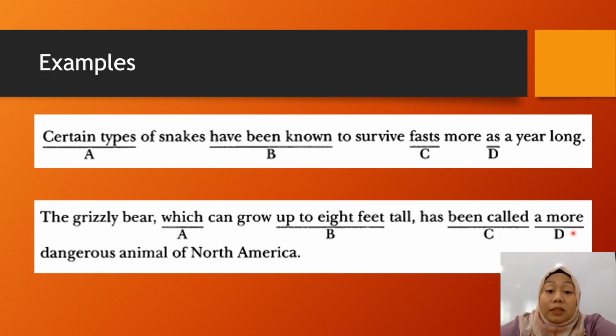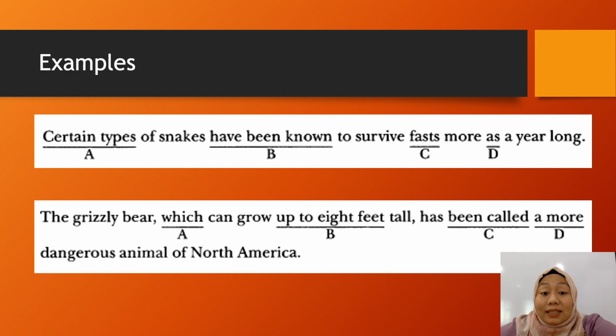It should be D, because this is superlative. You compare the grizzly bear with all the dangerous animals of North America. So this should be "the most dangerous animal of North America". So the answer is D.